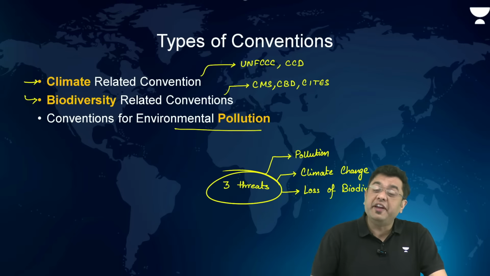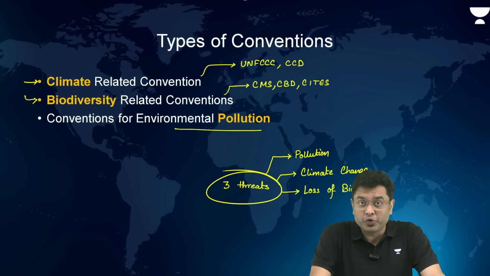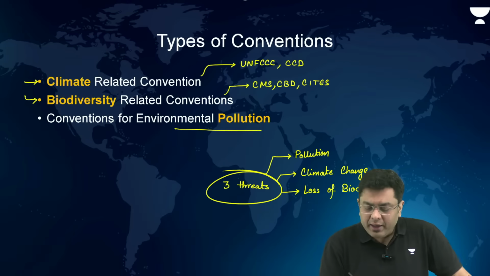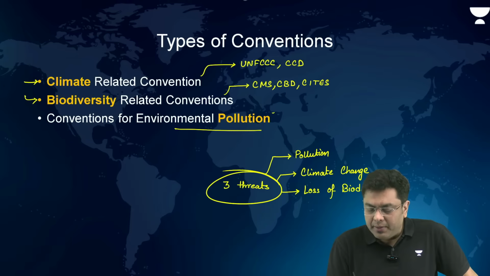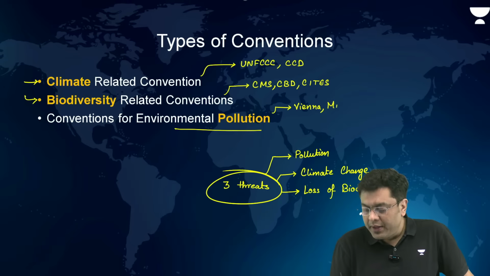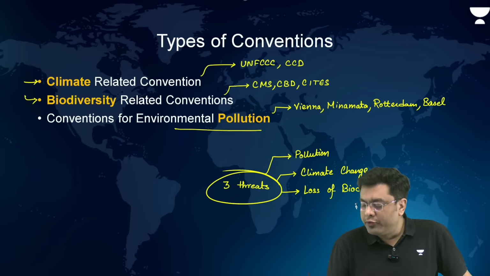Then you have conventions associated with environmental pollution. Environmental pollution also causes a lot of damage. So you basically have the Vienna Convention, then you have the Minamata Convention, then you have the Rotterdam Convention, then you have the Basel Convention, and you also have the Stockholm Convention.